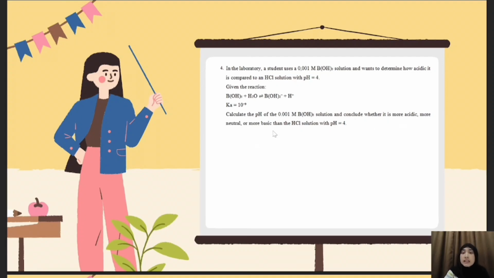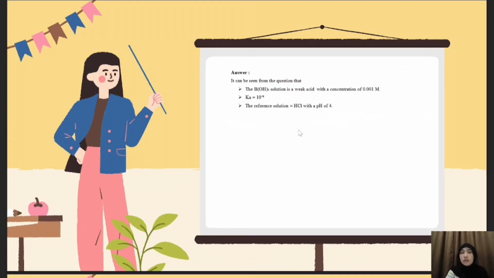or more basic than the HCl solution with pH 4. Okay, it can be seen from the question that the B(OH)3 solution is a weak acid with a concentration of 0.001 molar. Ka is 10^-9 and the reference solution is HCl with a pH of 4.